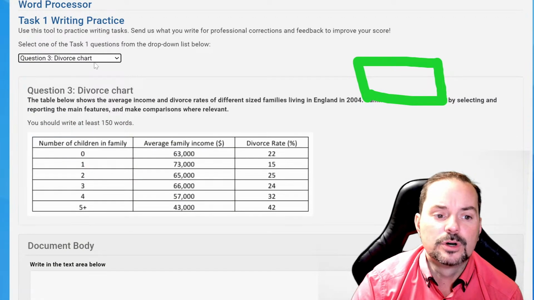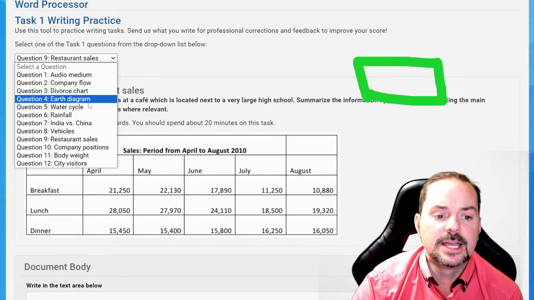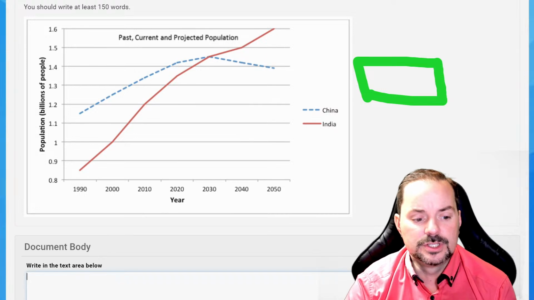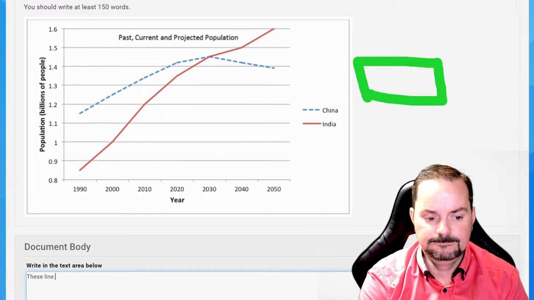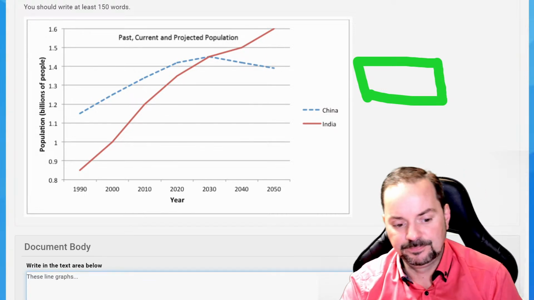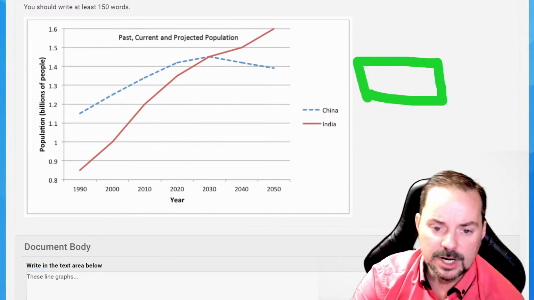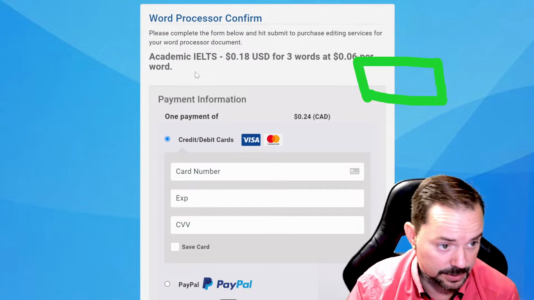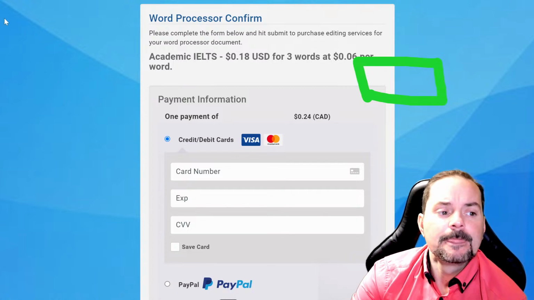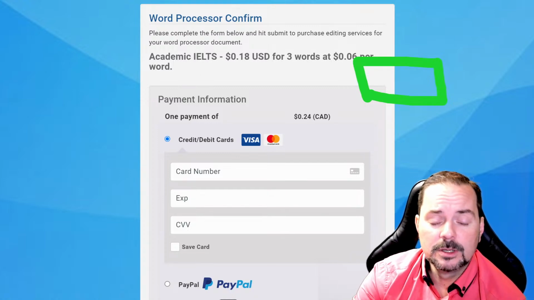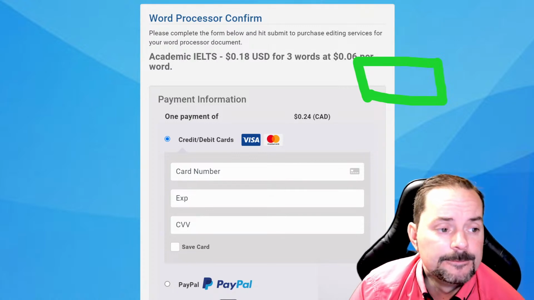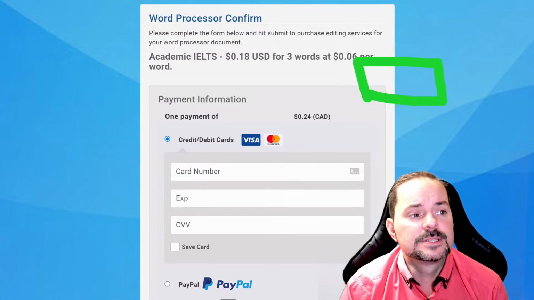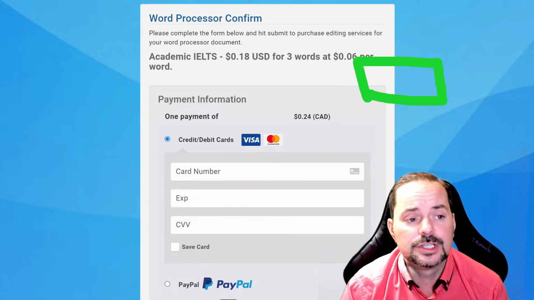You have the divorce charts, you have restaurant sales, you have line graphs, and then what you can do is write, and if you want some marking feedback, then you have to pay for it, of course. It's calculated based on your word count. And then you get back a corrected document with all the corrections, comments, and the right way to put together your essay. So you can do that on the website. It's just another feature that you can use.